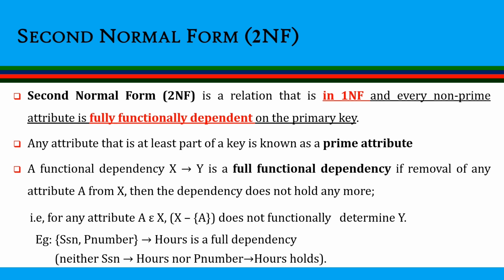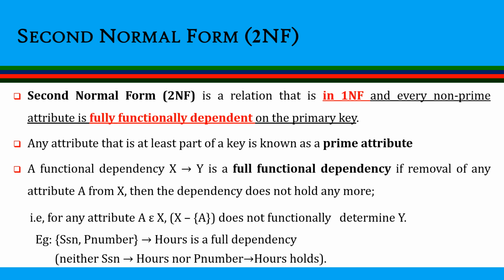The second condition is every non-prime attribute is fully functionally dependent on the primary key. Any attribute that is at least a part of a key is known as a prime attribute, also called a key attribute. So non-prime attributes are non-key attributes. They should be fully functionally dependent on the primary key.